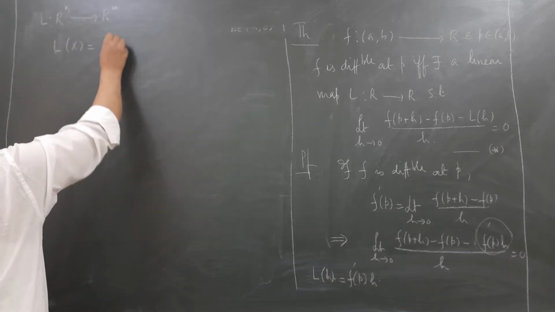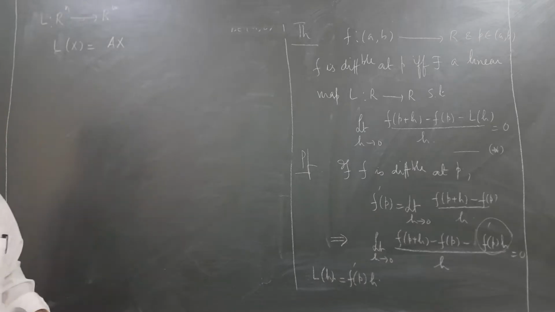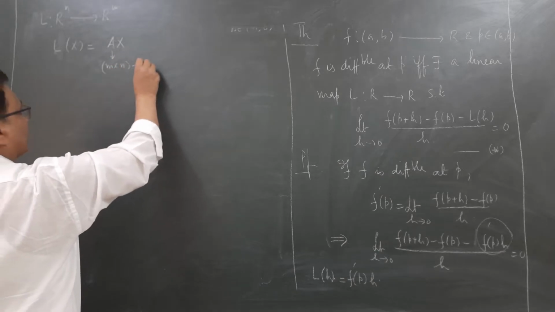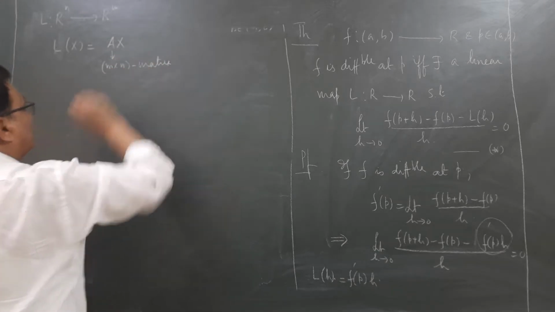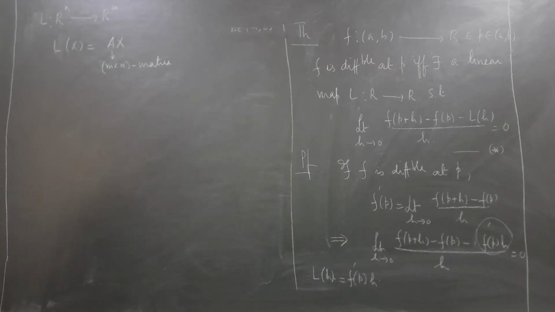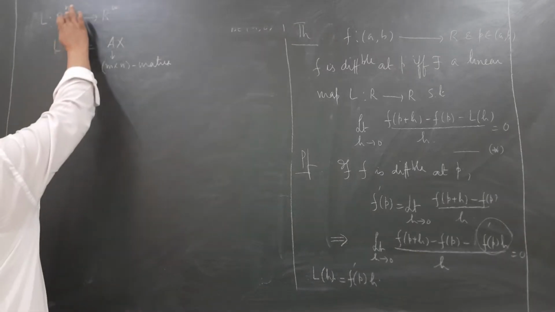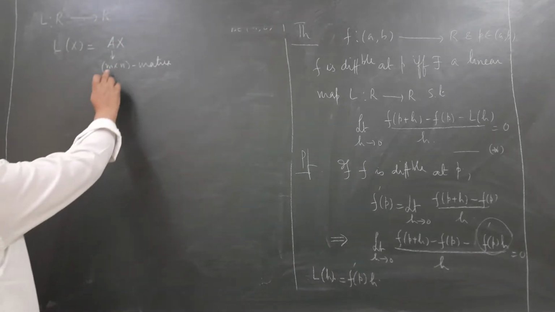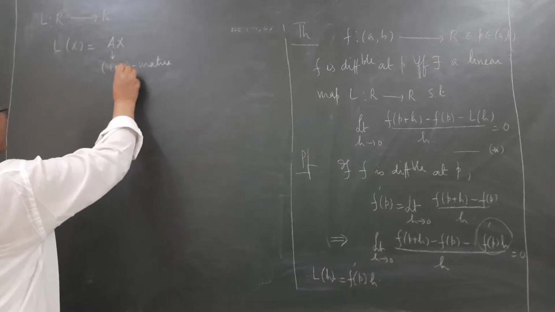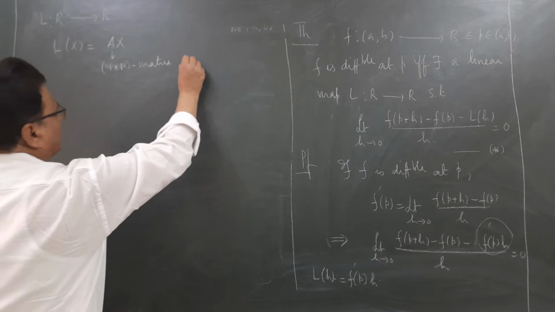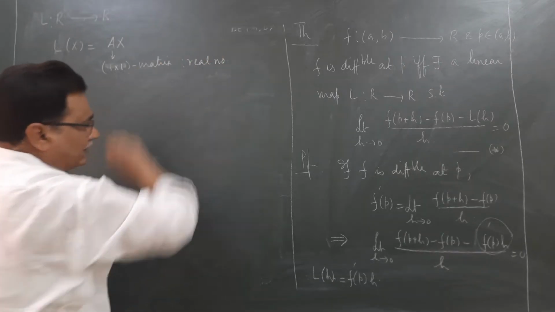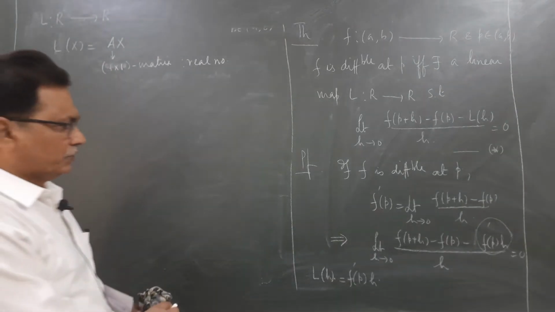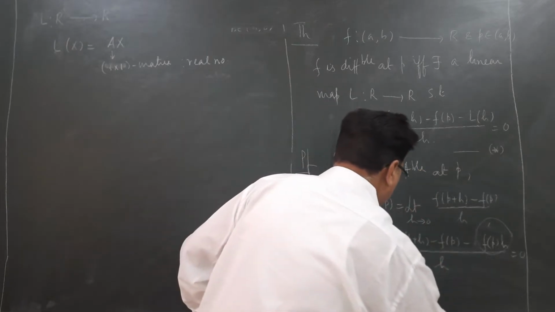If it is a linear function, it will always be expressed in this manner, where A is an m by n matrix. So, this is how a linear function is characterized. So, if I remove n and m, and L becomes a linear function from R to R, it must be a 1 by 1 matrix. A 1 by 1 matrix means a real number. That is why I am saying with surety that this is a linear function of h. So, this implies formula star holds.